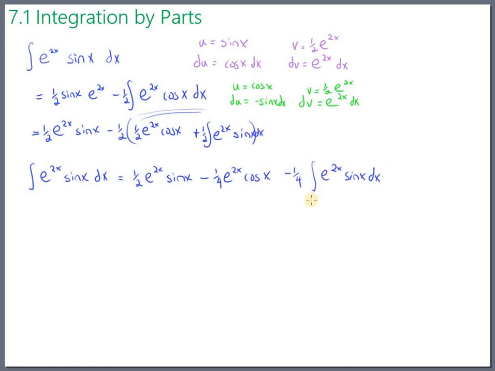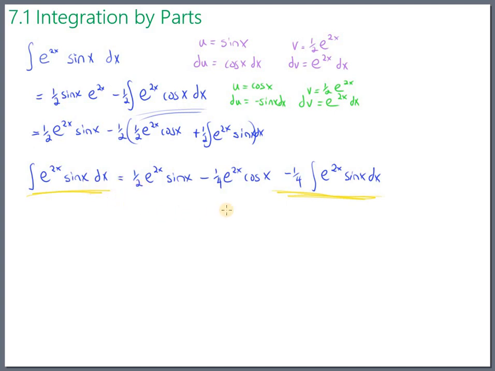And you're like, great, I just got back to where I started, more or less. And like I said a second ago, that's actually going to be a good thing. Now notice what we've got right here is the exact same integral as what we started with. Granted, there's this minus 1/4 out front. But that means I can finish solving this equation, not with calculus.